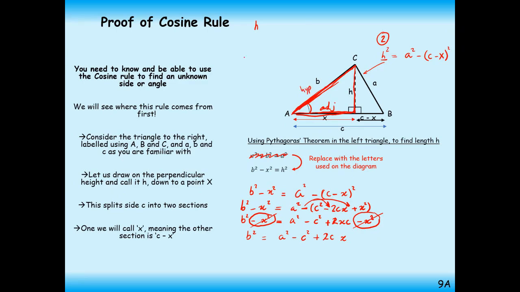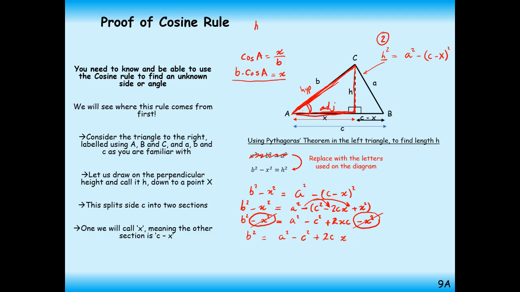So we can use cos. Cos of capital A is going to be our x divided by the hypotenuse, which is b. Okay. So we can rearrange it and just say x is b multiplied by cos A, right? So our definition of x is b times cos A.